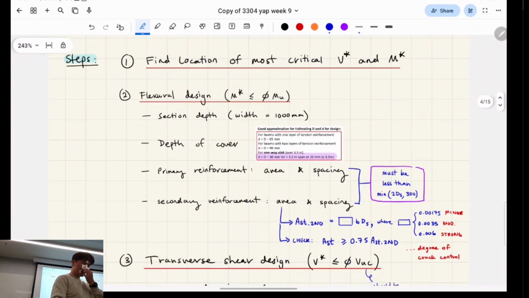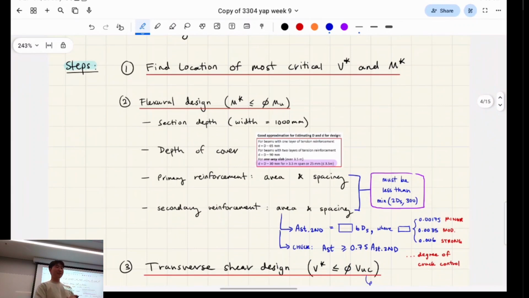Okay, so the general steps are like this. We find where the critical shear force and moments are, and that's the section we design for. We design for that worst case scenario. Then we start off with flexural design, which will govern how big our section is.